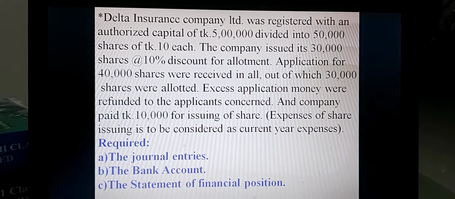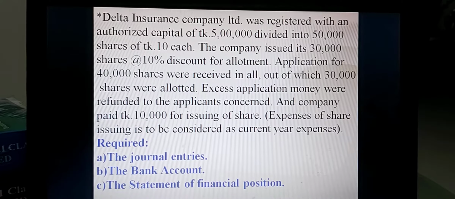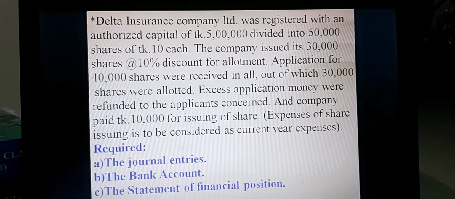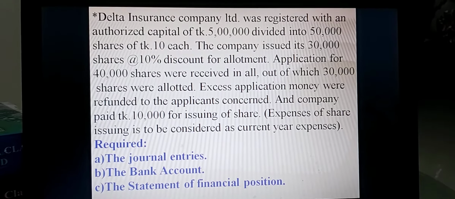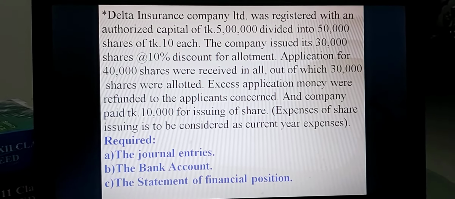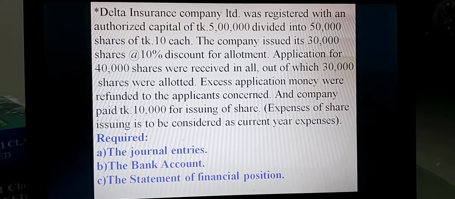That is, this company's authorized capital is Taka 5 lakh, total authorized shares are 50,000, and the face value of each share is Taka 10.